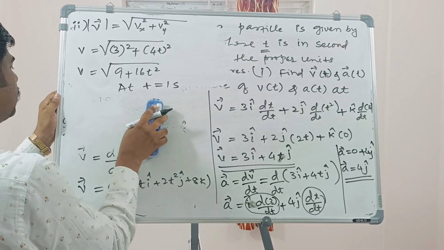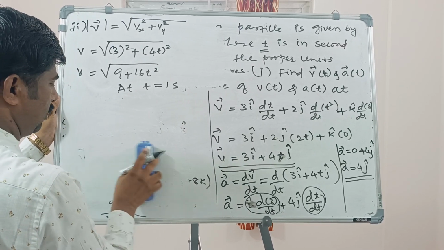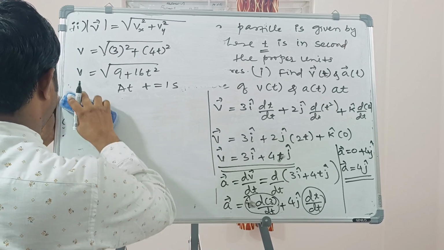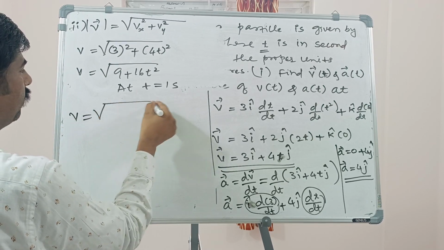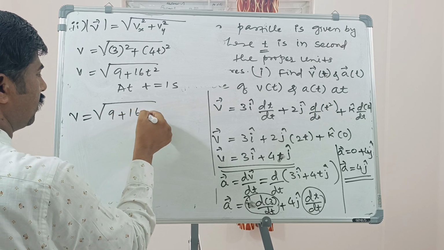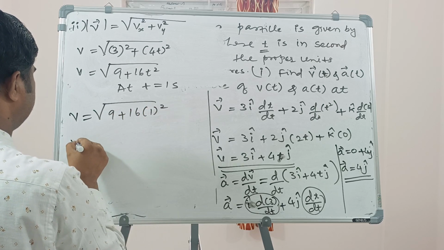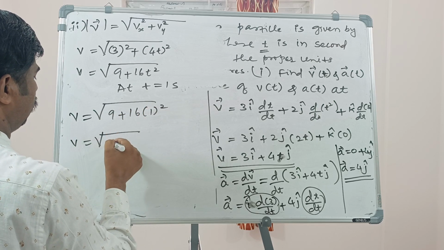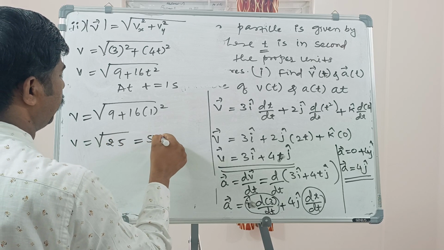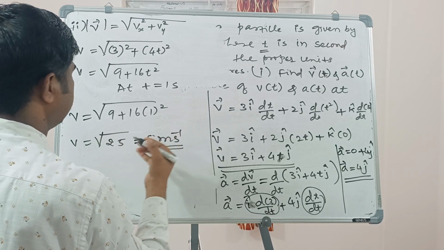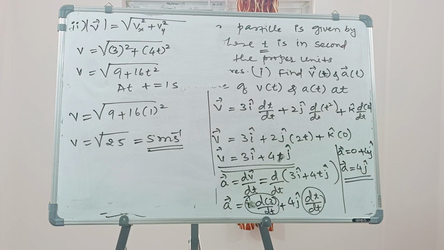If you substitute this, what you will get? v is equal to the square root of 9 plus 16 times 1 square, that is v is equal to the square root of 25. This is 5 meter per second. This is the velocity. Clear?